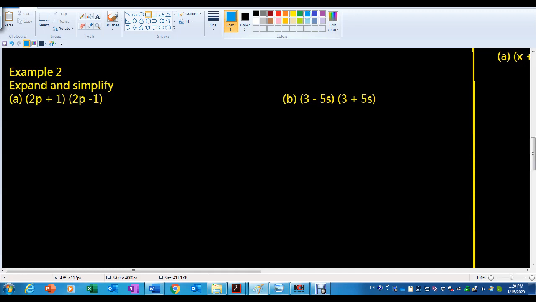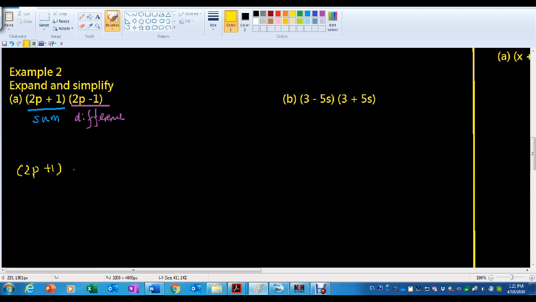Again, you see that's the sum, multiplied by the difference. So when the sum of two terms multiplies the difference of those two terms, we can apply our rule again. You don't use FOIL again, alright?